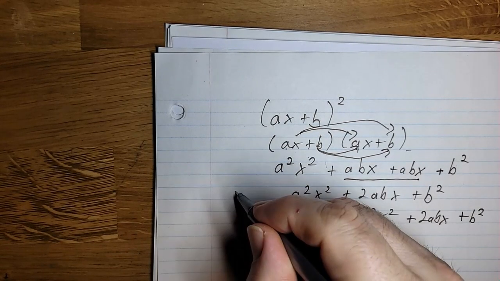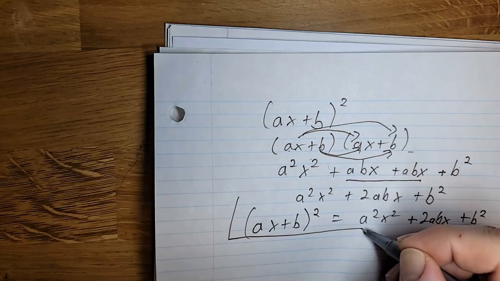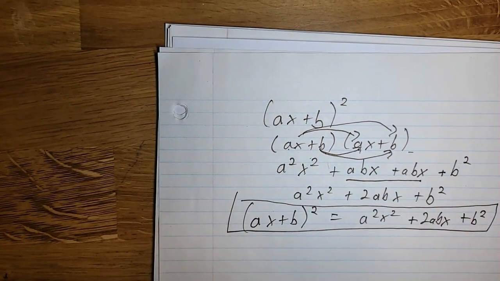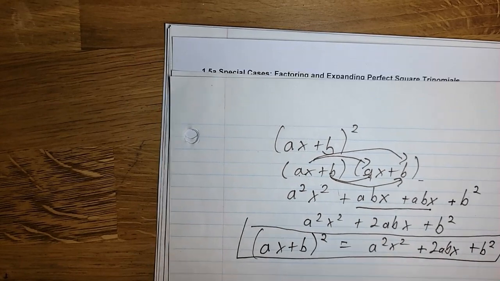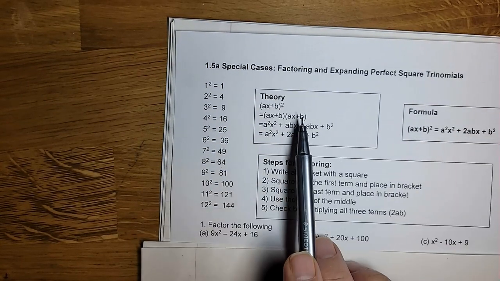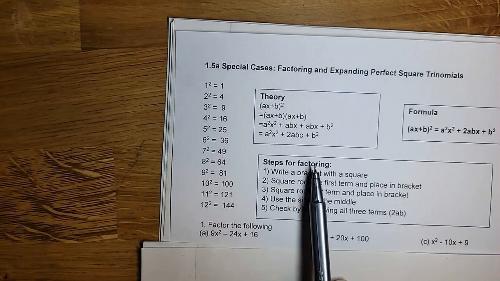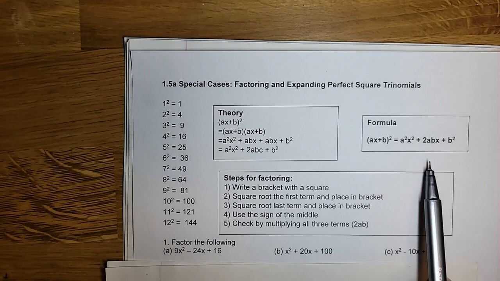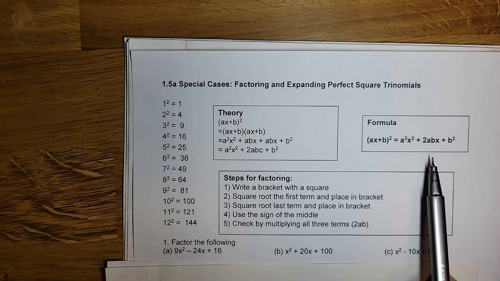I'm going to put a box around it. You didn't have to copy this, so I just wanted you to pay attention. Why? Because I have it written out. So all this expanding, all the theory's right here. And your formula that we're going to use is here. Okay, the formula is right there.